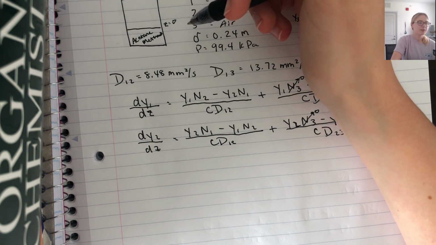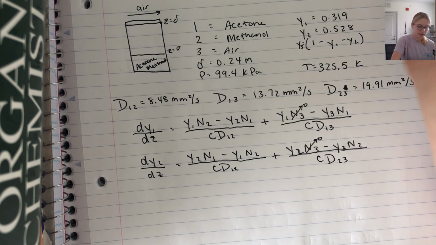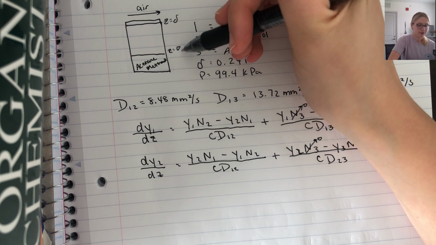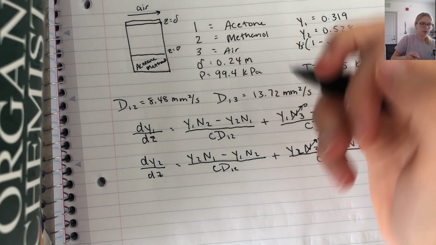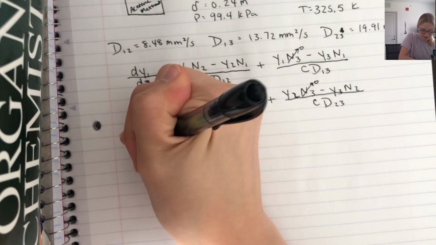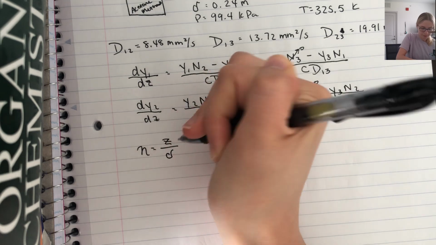So we can first do this by scaling this situation. We have Z equal to 0 at the interface and Z equals delta at the top of the screen. So we want to define a new term eta, which is equal to Z over delta.